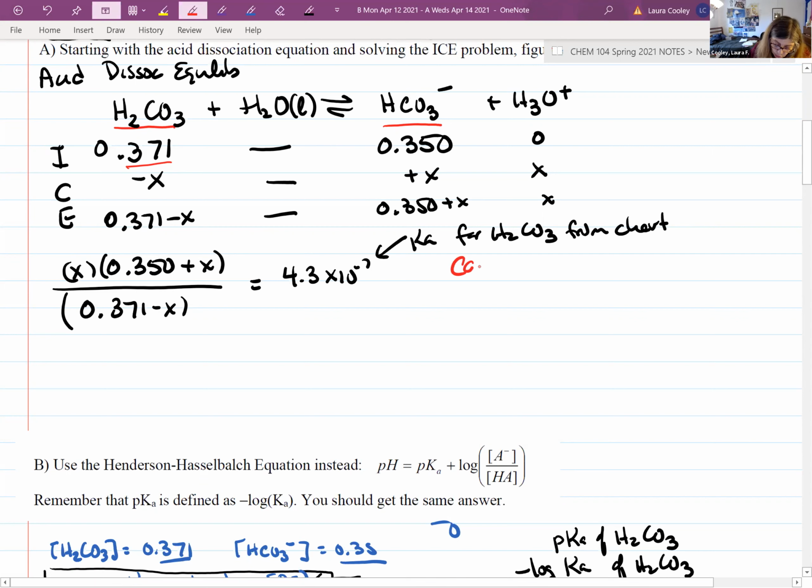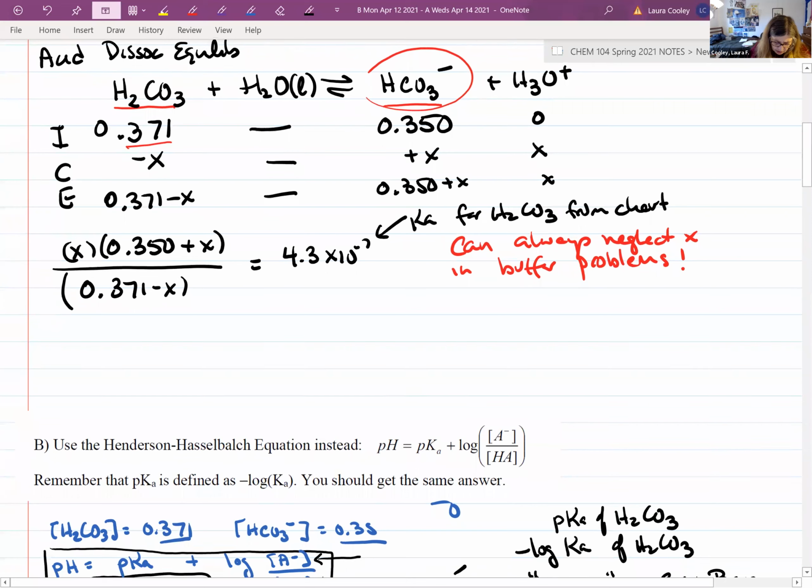So you can always neglect x in buffer problems. You don't even have to justify it, because the added conjugate base pushes this equilibrium even further to the left. So x is even smaller in a buffer problem. That means I can cross out both of those x's, and so I just have this much simpler equation to solve.